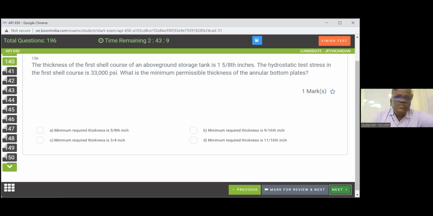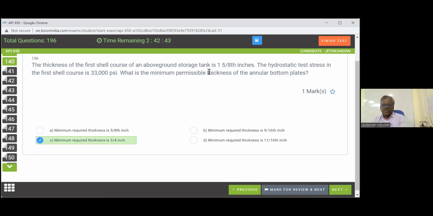The answer is C. So how to check: it is 1 5/8.